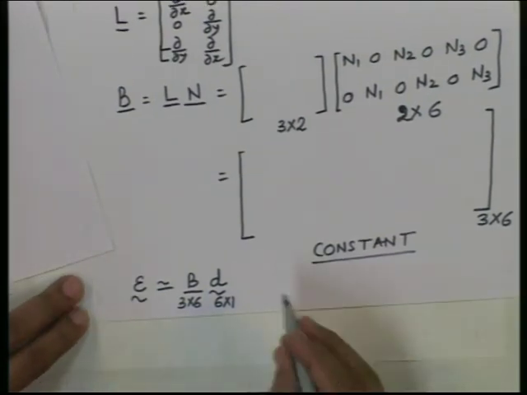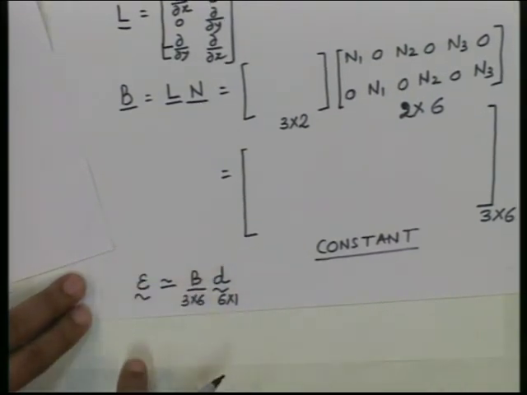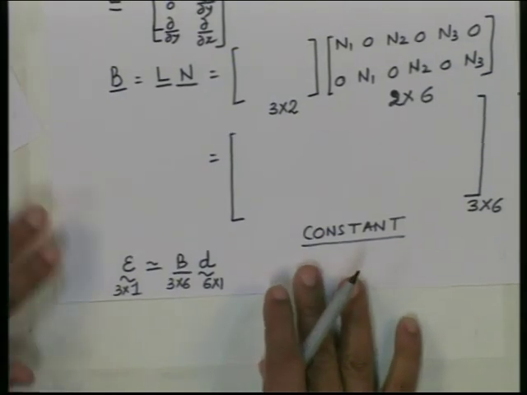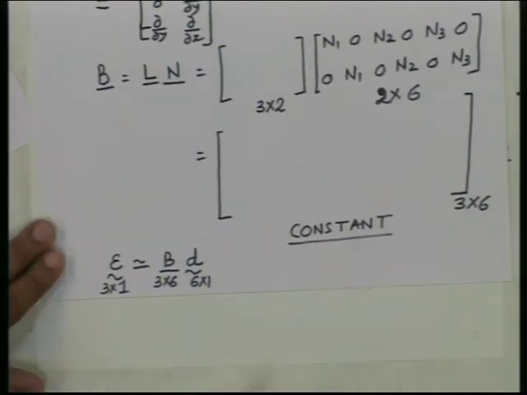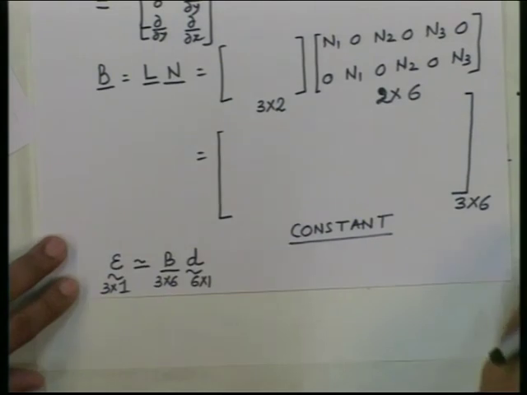Strain will be 3 by 1. So, matrix multiplication is right. So, the B matrix is constant.